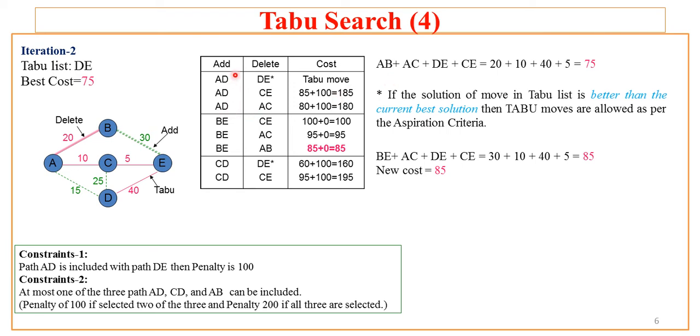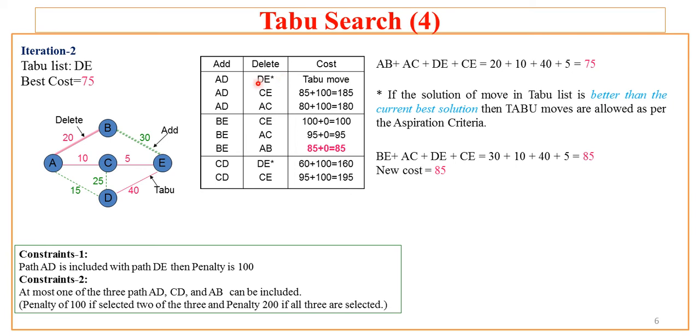So here the new remaining paths or neighborhoods of the existing solution AB, AC, DE and CE. So these new neighborhoods, that is AD and BE and CD are tried. Now here for this iteration the solution is AB plus AC plus DE plus CE, that is 75. And now if we try to add AD instead of DE, so it is taboo move.